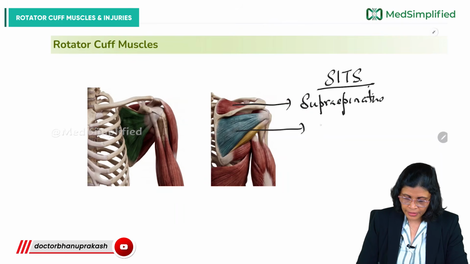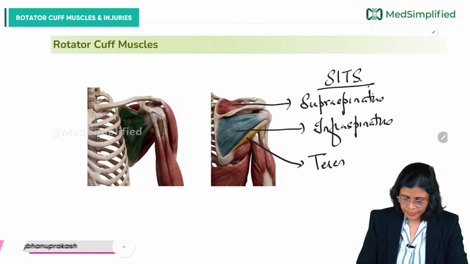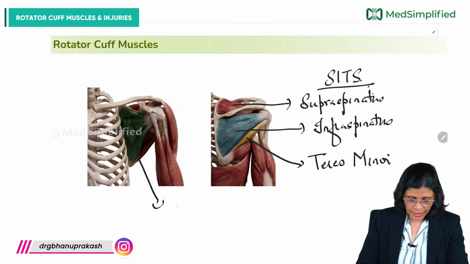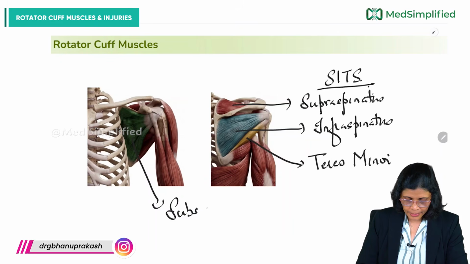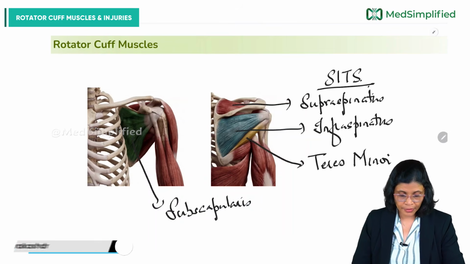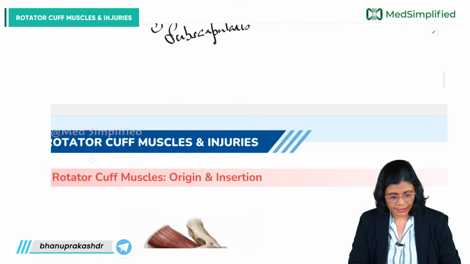Then we have the infraspinatus beneath that, and teres minor below. Then the last S is for the subscapularis muscle, which we see on the costal surface of the scapula. So these muscles are the rotator cuff muscles.